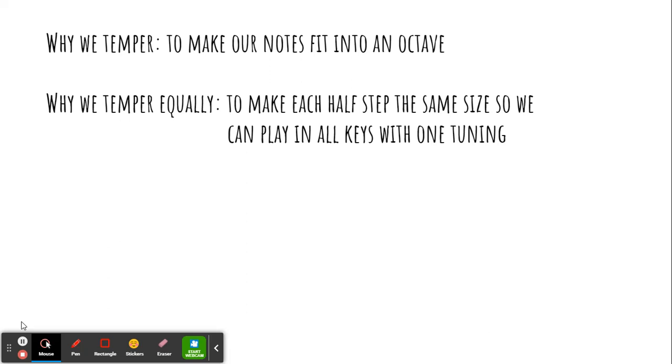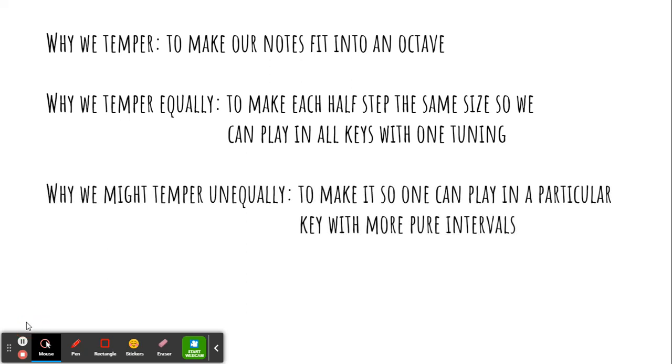Before equal temperament, one could change keys to a point, but they had a different color, and if you tried to change to a key far away, it could sound pretty rough. Why might we temper unequally? To make it so one can play in a particular key with more pure intervals. If we can tune some of our intervals more pure, they can sound quite nice.